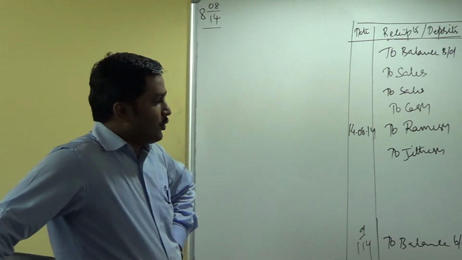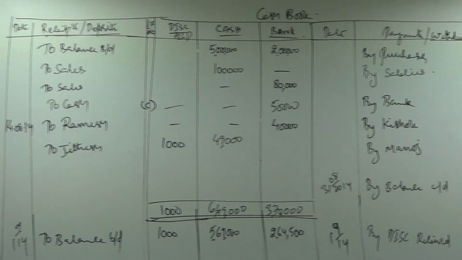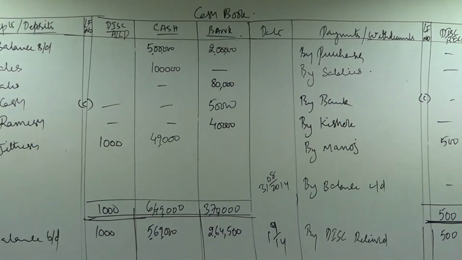Now can you give me a name for the bank balance? What is it called, favorable or overdraft? Favorable. It is a favorable balance.